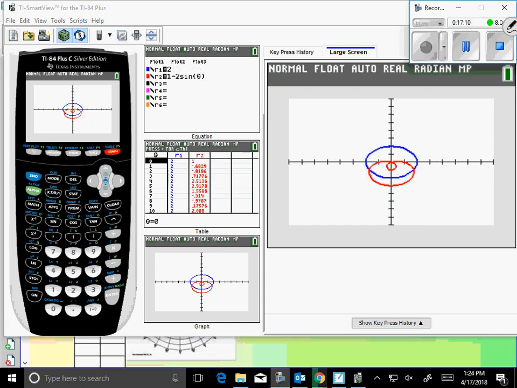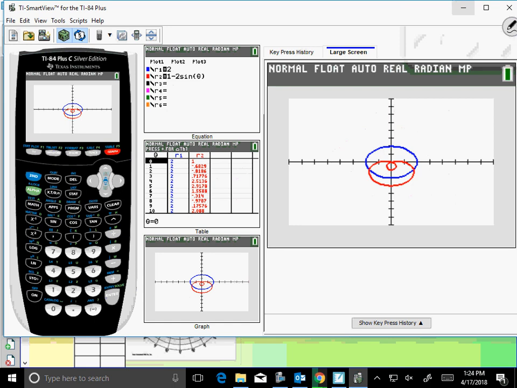Okay, so here we go. I've got 2 graphs, one of which is r equals 2. That's our red graph. Probably should have written that in red. Nope, sorry. Blue graph. r equals 2. And I've got r equals 1 minus 2 sine theta. So let's say I want to find out where these graphs are equal, where they cross.